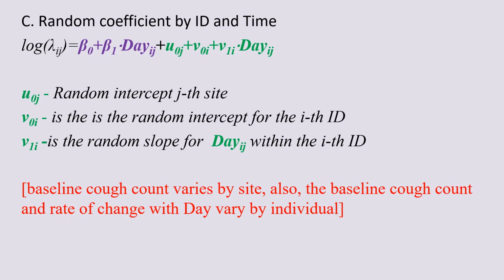So the baseline cough varies by site. Also, the baseline cough count and rate of change with day vary by individual. Here we assume that each individual might have their own cough frequency per a given day. So we don't say that everyone will have this.